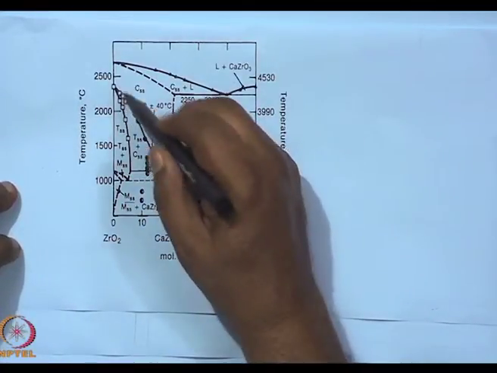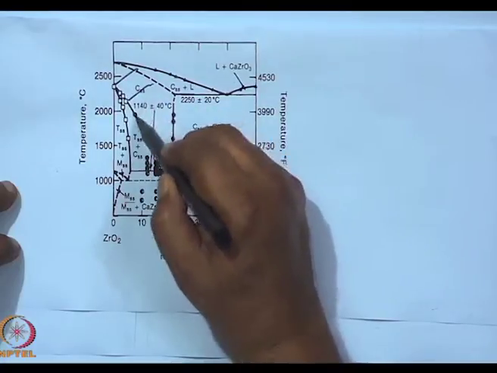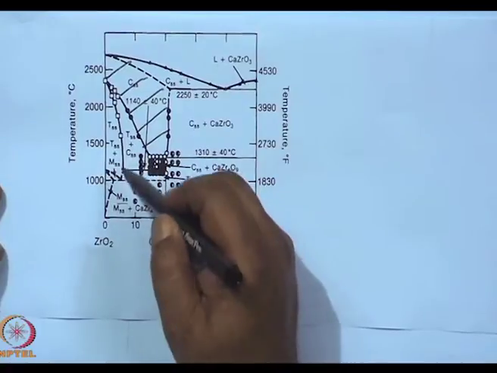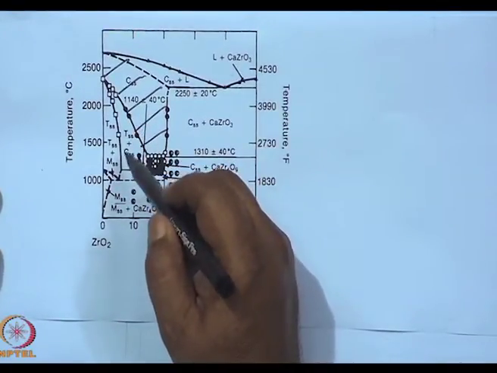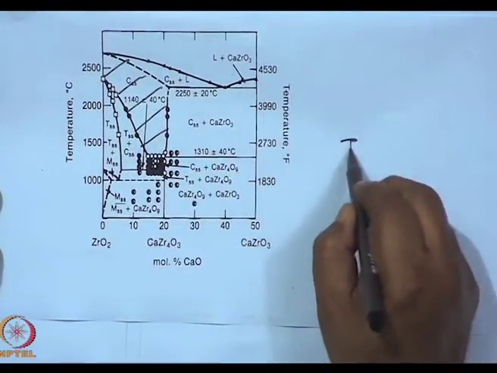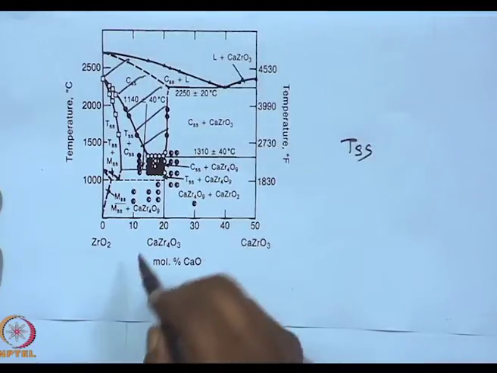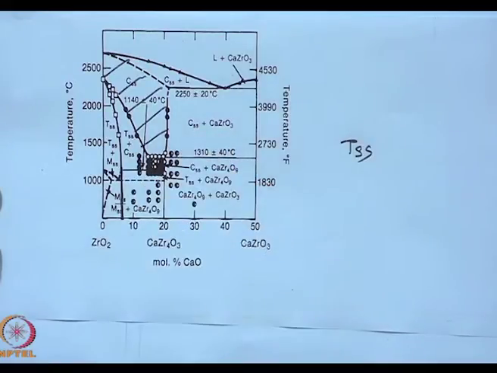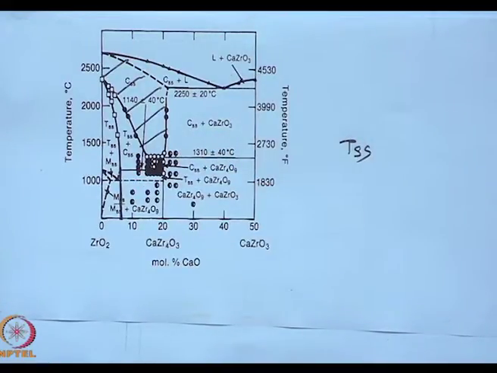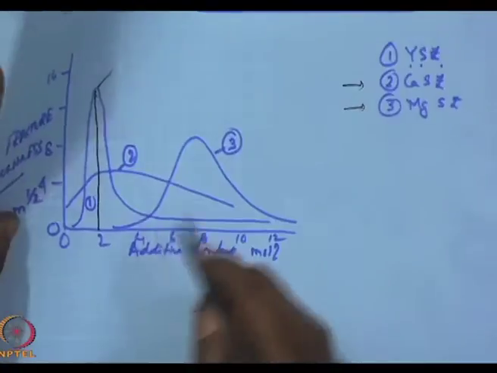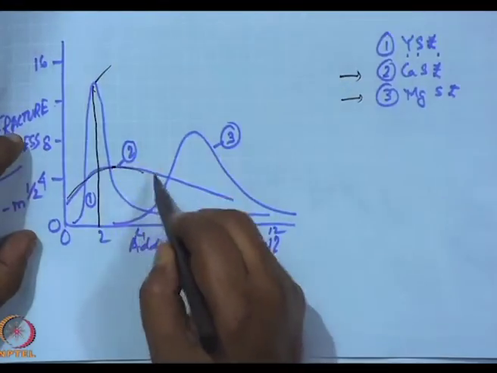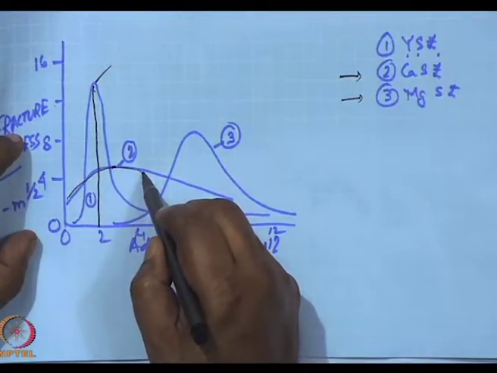So, the cubic stabilized zone is over here, which is not my zone of interest. The tetragonal stabilized area is up to here, which is about 8 mole percent, and this is why over here it went up like this. The amount of calcium oxide which is required is much higher.